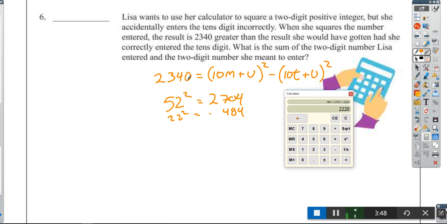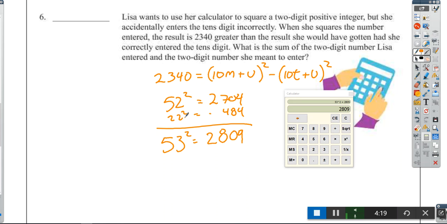So if I go to 32, I'm going to get a number that's way too big. If I go down to 12, well, the units digit has to be the same. So I'm close, but I can't get there with 52. I need to change 52. Let's try 53 squared.